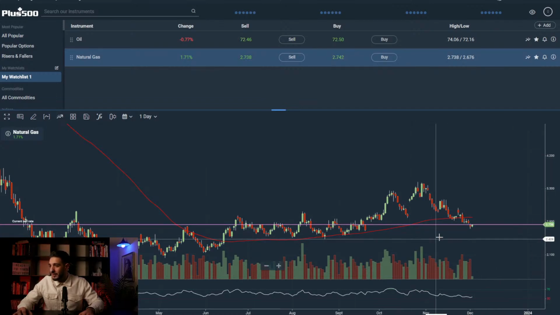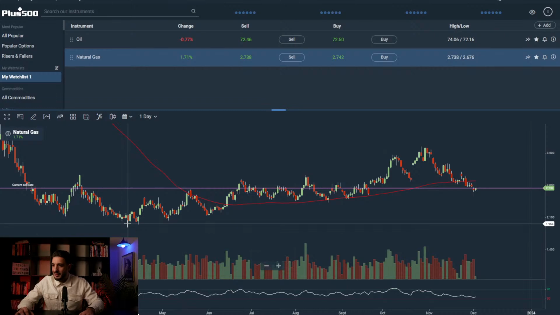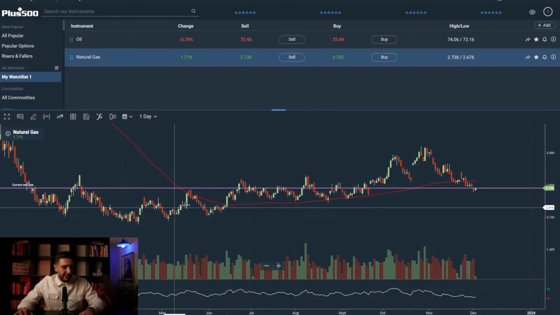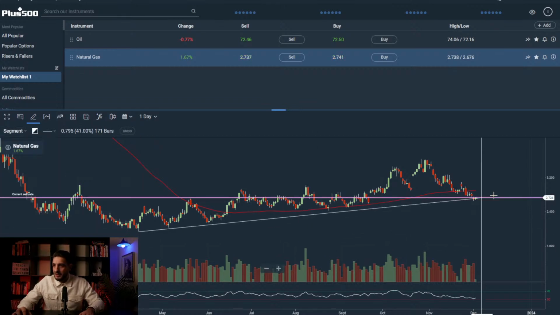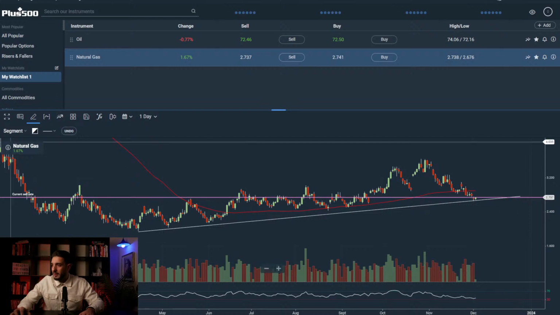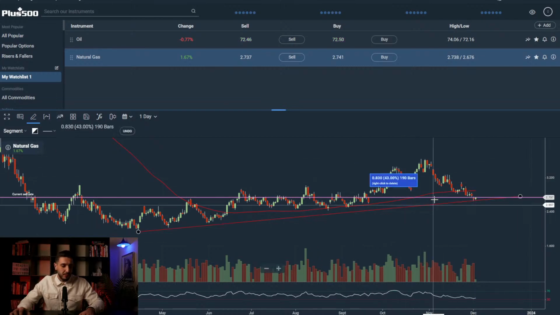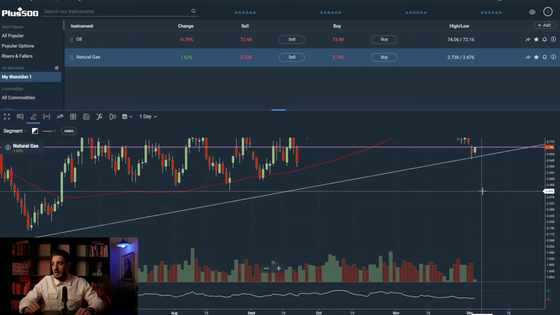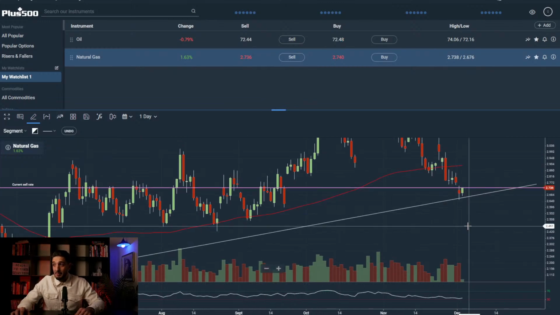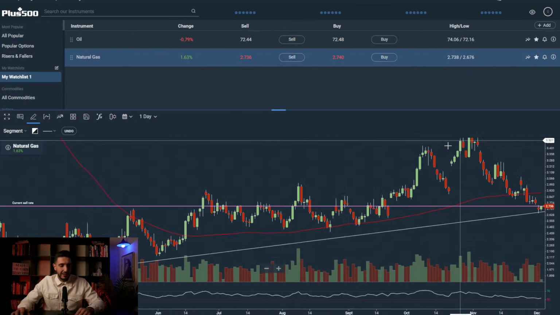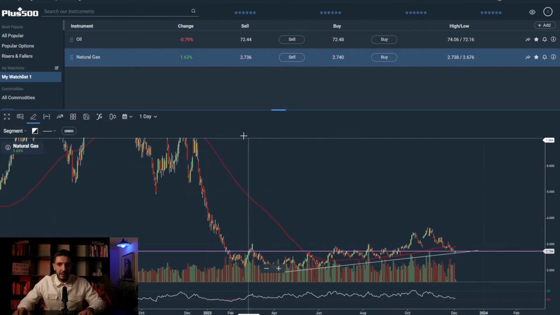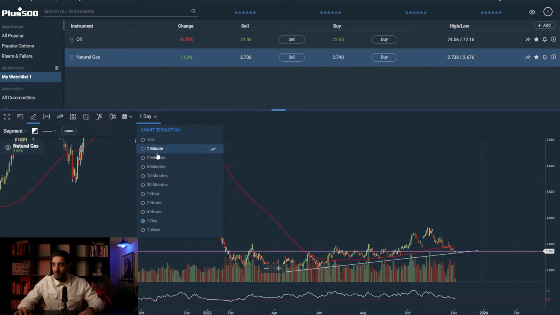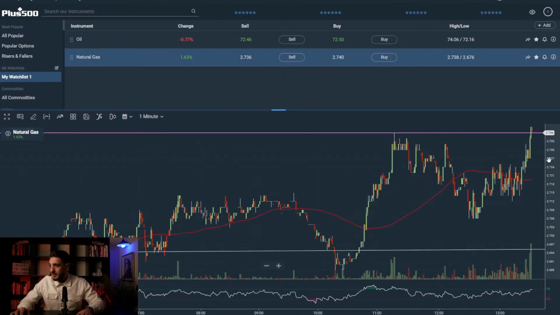It's also a support area right here on this ascending pattern as it stands. Let me draw a guideline here, grabbing a segment. Potentially we're looking at some support levels right here, but we may as well break below that and continue downtrending, because we are currently below the 100 MA on natural gas, and it's more or less a consolidation zone at the moment.